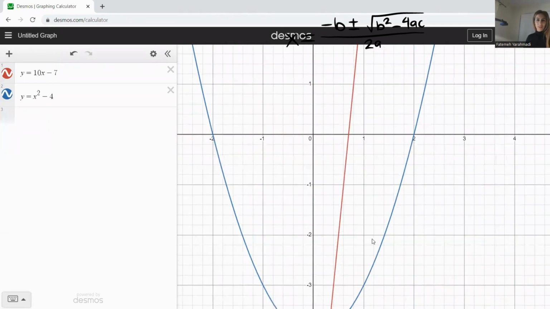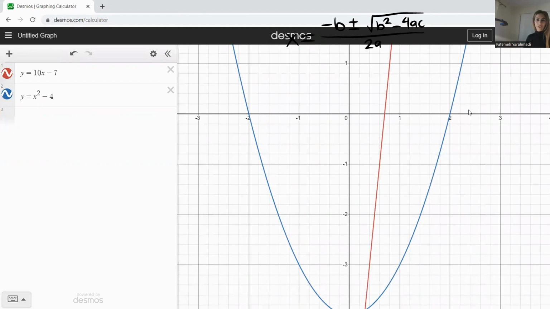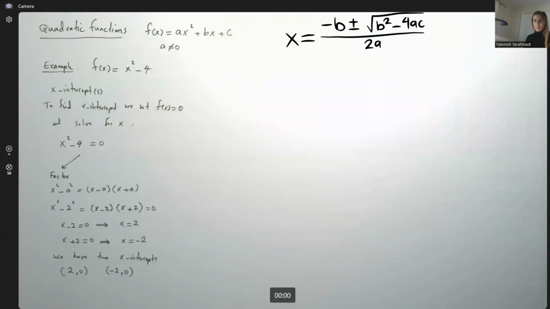This is your quadratic function, the blue one. The graph is called a parabola. As you can see, it hits the x-axis at two points, (-2, 0) and the other one is (2, 0). So algebraically, we showed that there are two x-intercepts, and geometrically, we can verify that.